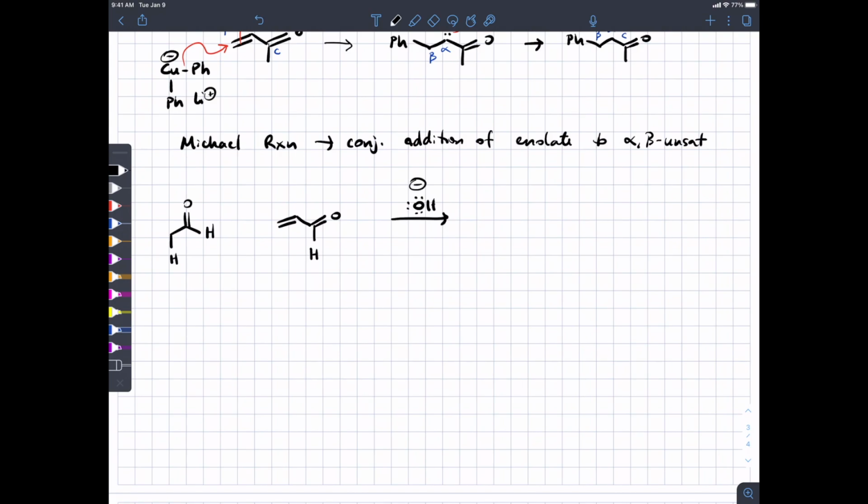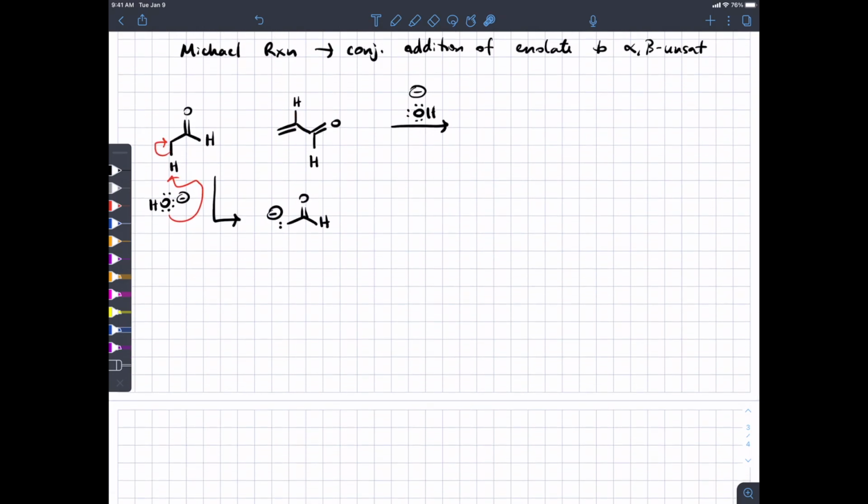First, OH minus would remove a proton from the aldehyde to give you an enolate. We can't form an enolate from this alpha-beta unsaturated carbonyl compound because the alpha proton is not lined up with the carbon-oxygen pi star, and therefore the conjugate base would not be stabilized by resonance. Now at this stage, for conjugate addition, we will attack the beta carbon.